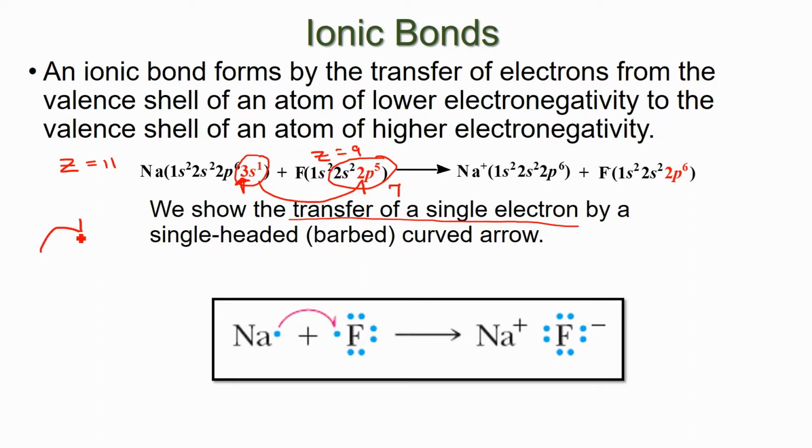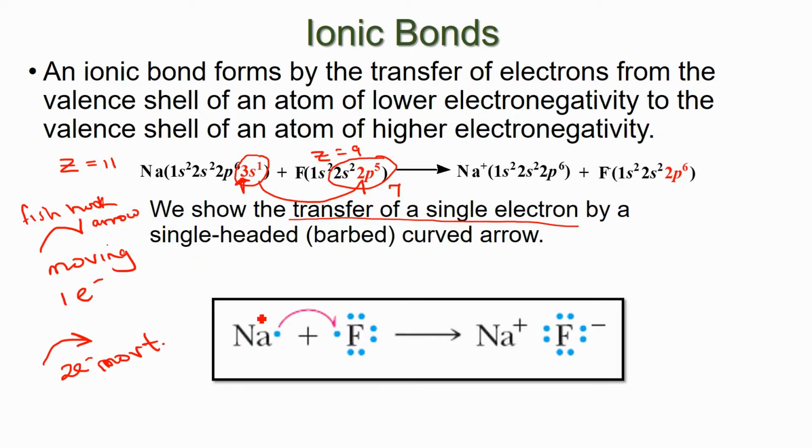Now I'm using a fishhook arrow because you're moving one electron. In the future for this class, you'll mostly be using a double-ended arrow to show two-electron movement. But in this case you are moving one electron, so we use a fishhook arrow. We call it a fishhook arrow in organic chemistry.